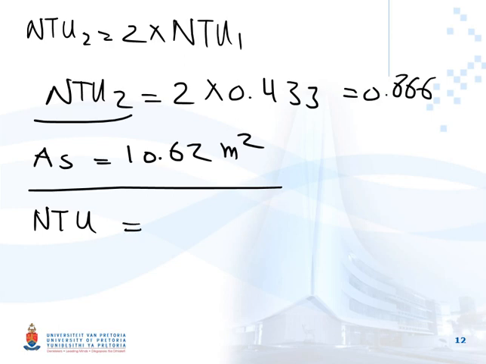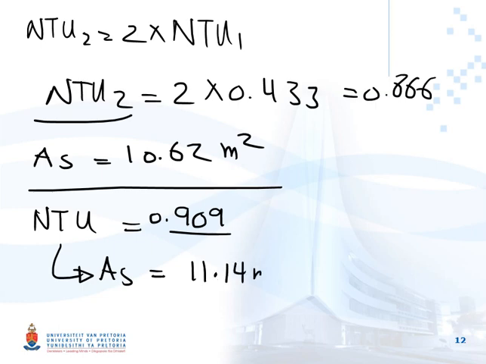The number of thermal units will be equal to 0.909, and if we use the same correlation as the last three values, the surface area will be equal to 11.14 square meter.